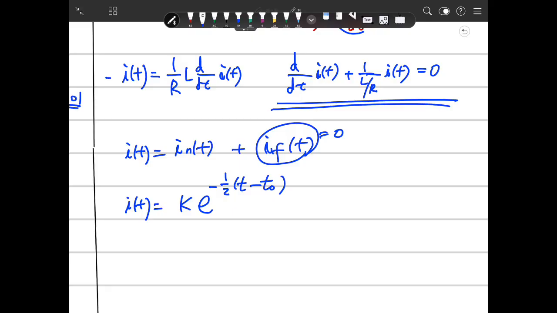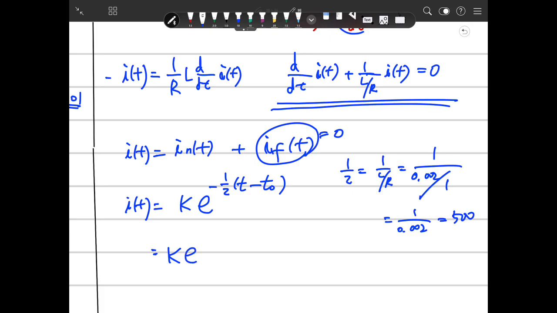So i(t) is simply K exponential minus 1 over tau times (t minus t0) here. 1 over tau is 1 over L divided by R. Here L is 2 milli, 0.002, divided by R is 1. No, actually, not 1, so there will be 1 over 0.002, that will be 500.